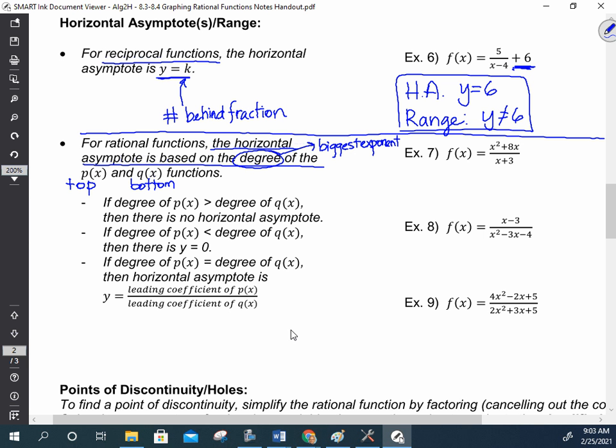If you look at 7, 8, and 9, for example 7 the biggest exponent at the top is 2 and the biggest exponent at the bottom is 1. So the degree at the top is 2, and the degree at the bottom is 1.